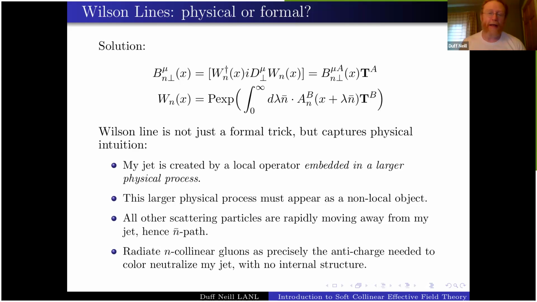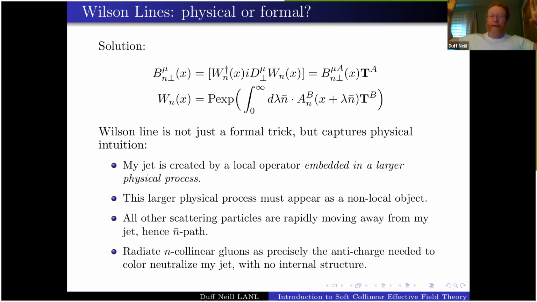And in fact, they'll radiate in precisely the way, precisely with the anti-charge that's needed to color neutralize my jet. But what's important is that I can pretend that all of those other particles are doing it with no internal structure. In other words, it appears as a structureless charge moving along this n-bar direction, radiating n-collinear gluons into my jet, but there's nothing else about that rest of the event that I need to know, nothing about its actual internal structure.